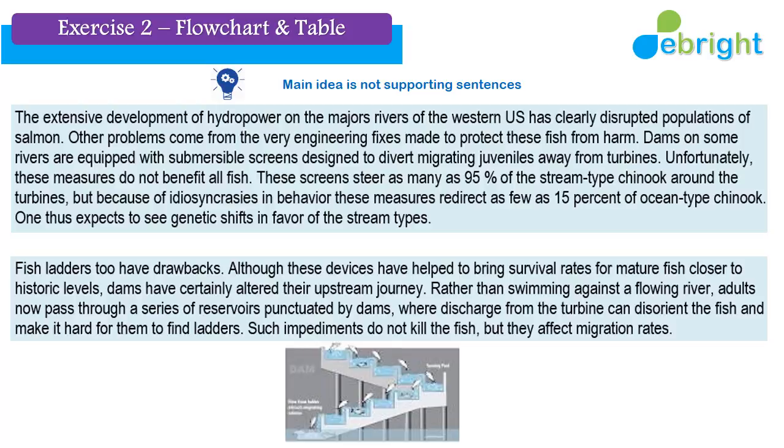Rather than swimming against a flowing river, adults now pass through a series of reservoirs punctuated by dams, where discharge from the turbines can disorient the fish and make it hard for them to find ladders. Such impediments do not kill the fish, but they affect migration rates. You've got a picture of a fish ladder over there so that they can swim through the dams ahead of them.